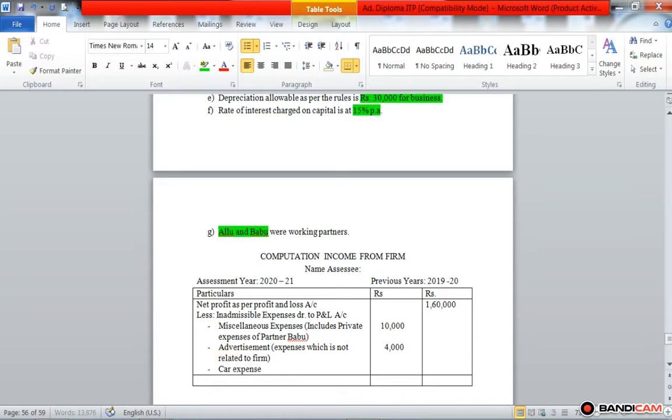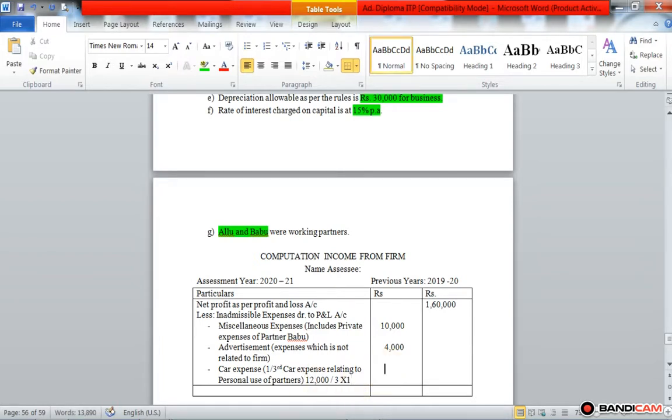Car expenses, 1/3 relating to personal use of partners. So 12,000 divided by 3 multiplied by 1, so the amount in column is rupees 4,000. Got it?